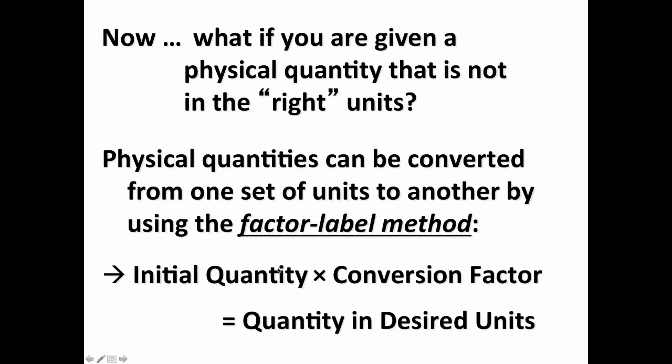You take your initial quantity, the thing you're starting with, you find the appropriate conversion factor or conversion factors, you might have several of them, that you multiply by to convert from the units you start with to the units you want, and then eventually you get the quantity, the result, in the units you want.